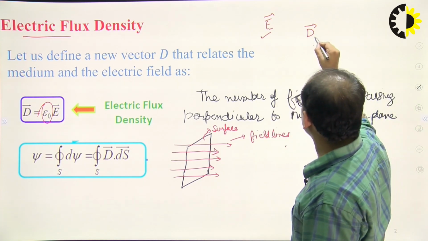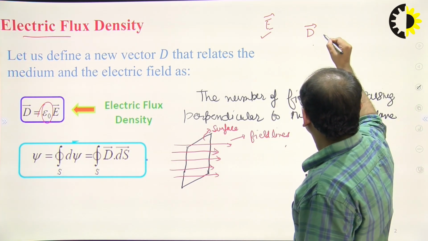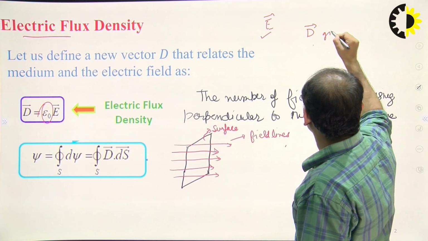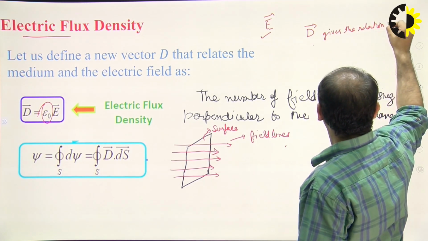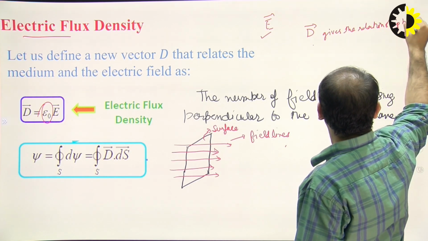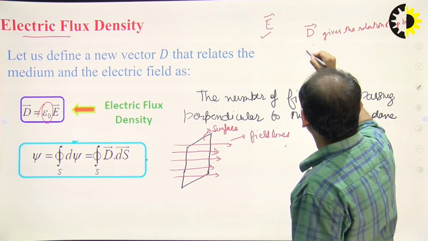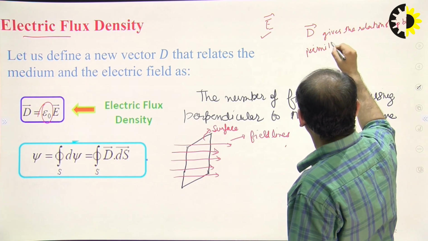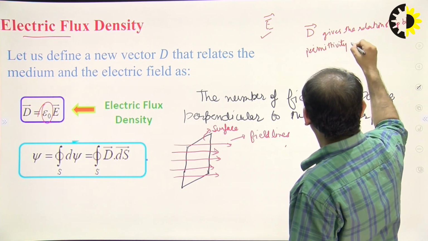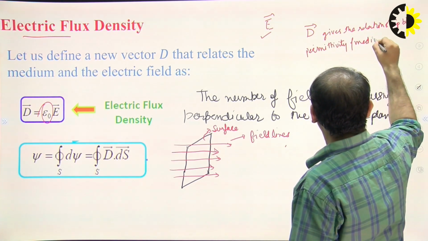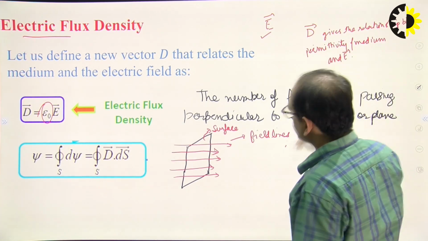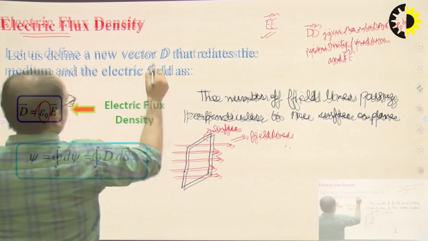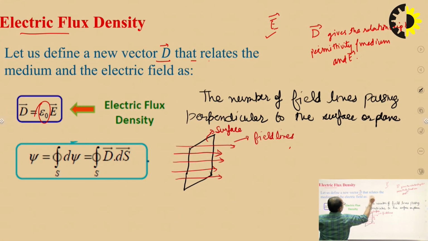So electric flux density gives the relationship between the permittivity of the medium and the electric field intensity. Clear? So the new vector that will be formed, the D vector, relates the medium and the electric field.